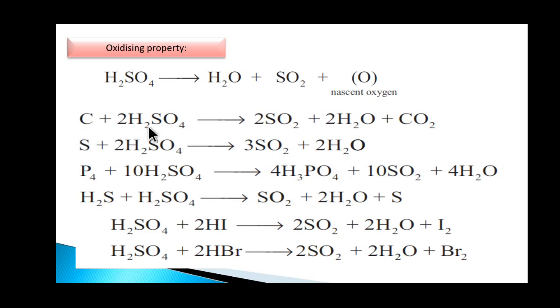Carbon reacts with sulfuric acid, and carbon is oxidized to form carbon dioxide. Phosphorus reacts with sulfuric acid, it forms its oxide. Hydrogen is oxidized to H2, and hydrogen iodide gives iodine, hydrogen bromide gives bromine. So it oxidizes these compounds respectively.